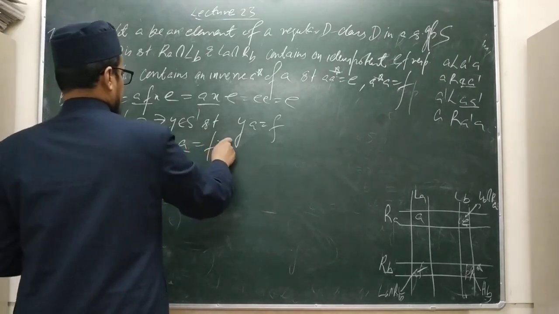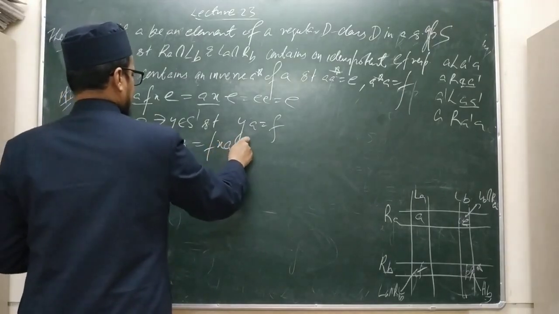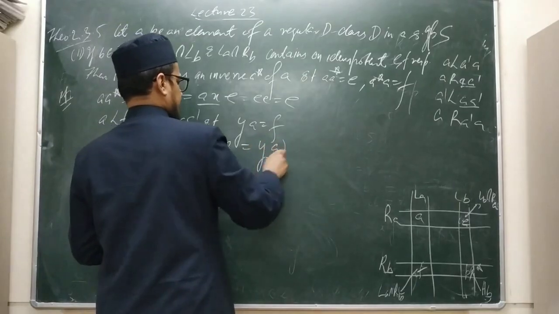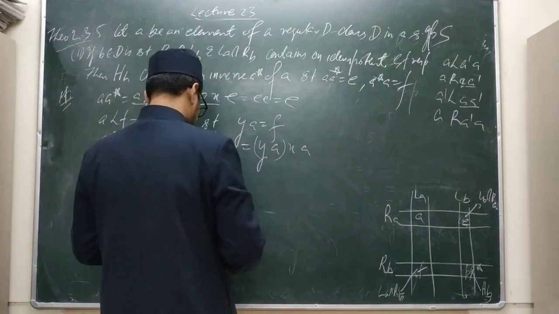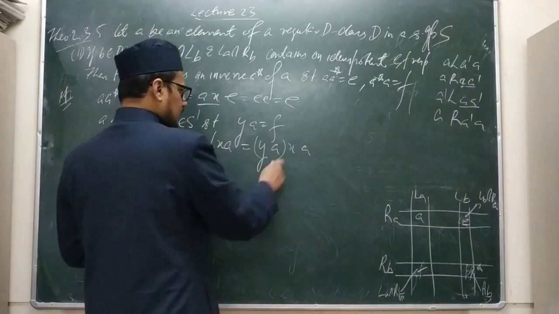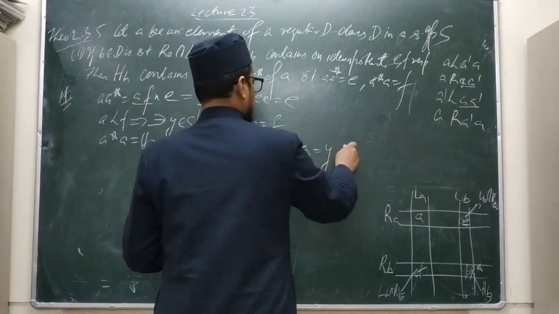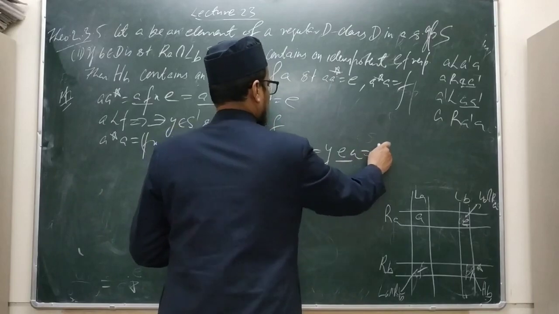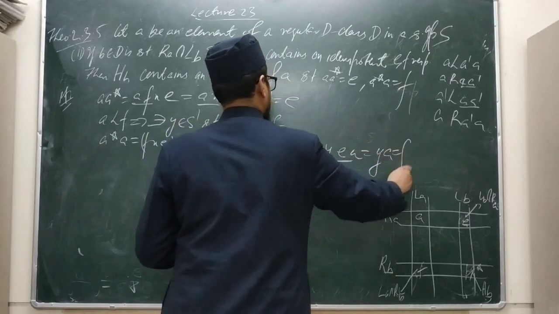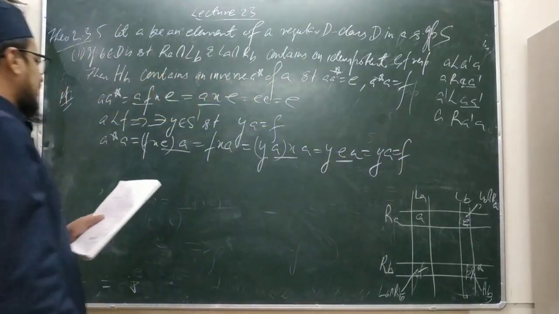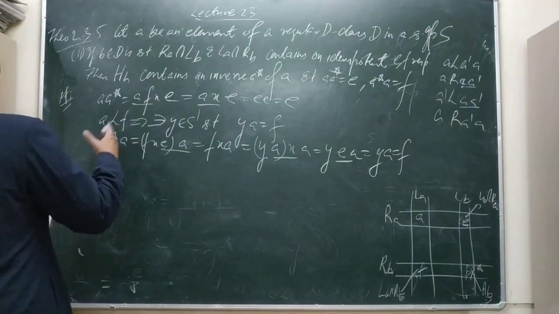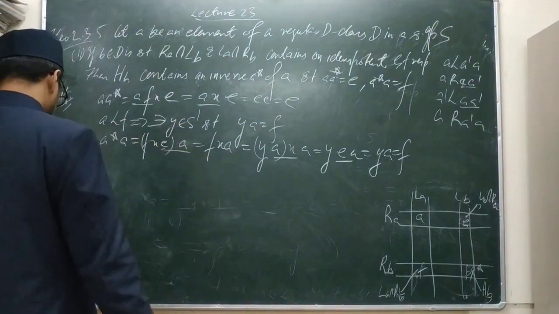It is what? FXA, and we put the value of this YA. And what is AX? That is YEA. And YEA is what? YA, and YE is what? F. So in this way we have proved that A star A is what? F. So we have proved A star is equal to E and A star A is equal to F.